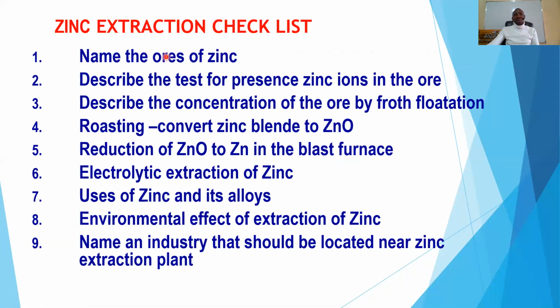You should be able to name the main ores of zinc, describe the test for presence of zinc ions in the ore, describe how to concentrate the ore by froth flotation, describe how you can convert the zinc blende into zinc oxide, reduction of zinc oxide to zinc metal, electrolytic extraction of zinc, uses of zinc and some of its alloys, environmental effects associated with extraction of zinc, name an industry that should be located near a zinc extraction plant.